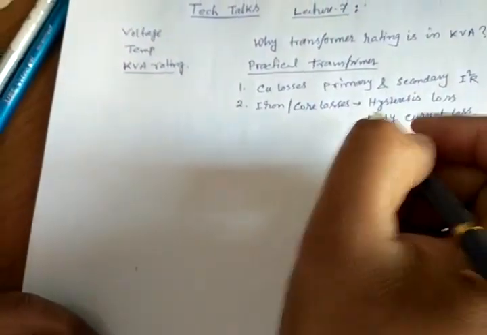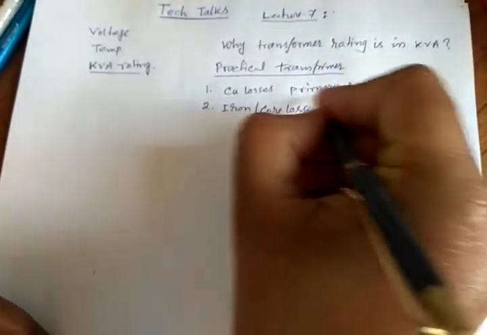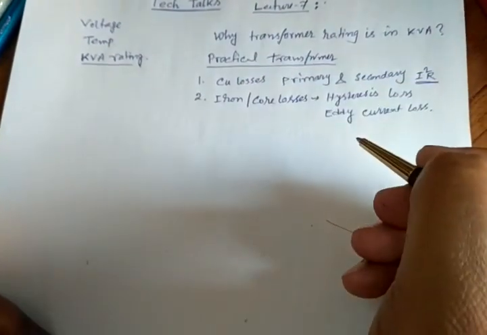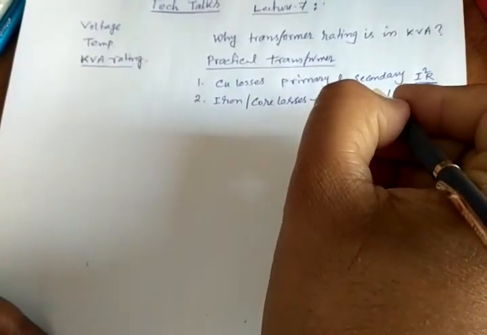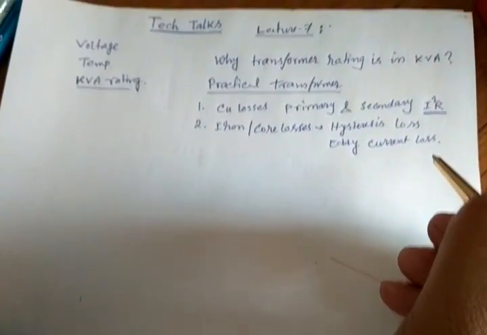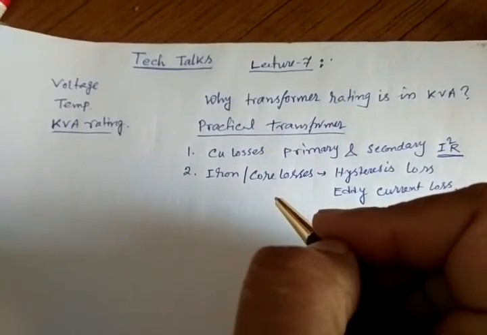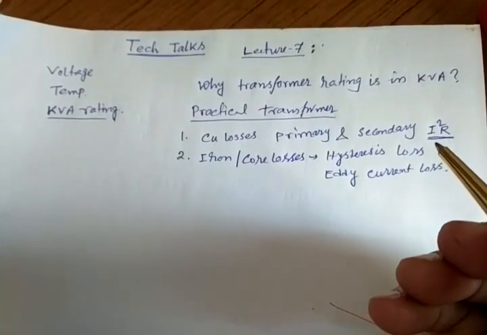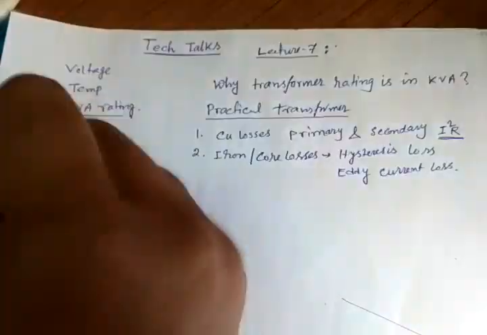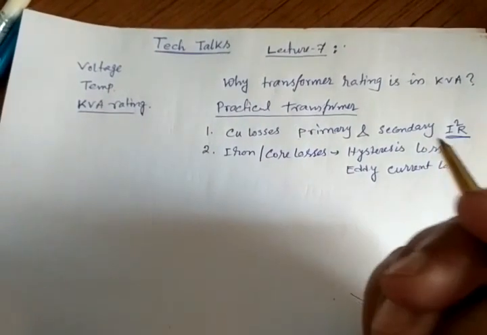Basically, this copper loss is dependent on I square R, that is I1 square R or I2 square R. The copper loss is dependent on the current. Which current? Basically load current. But primary current is dependent on load current. If load increases, then primary current increases. To maintain the flux, again the primary current has to increase.